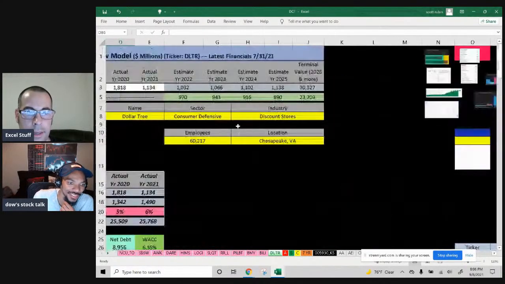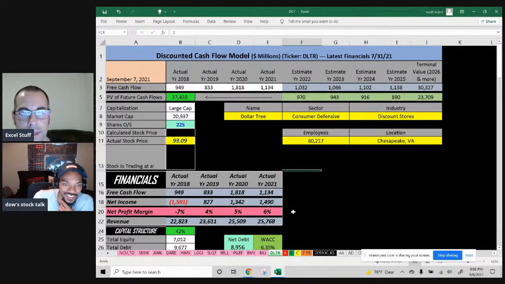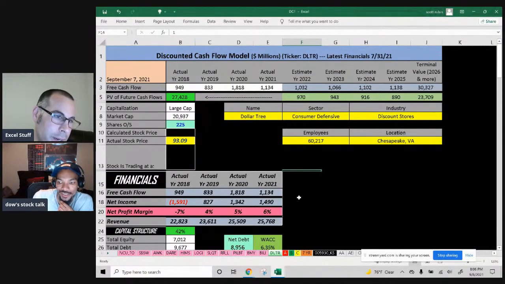That should be an interesting one. I didn't look at the numbers yet. This is my base case model. I just got everything set up, and I'm gonna go through the 10K. Whole enchilada.